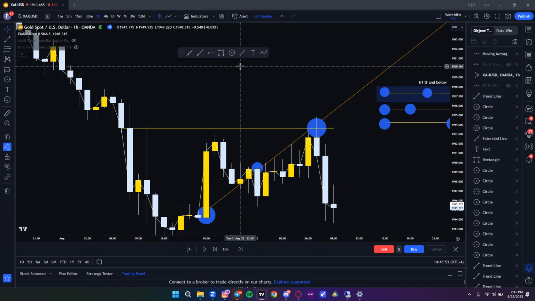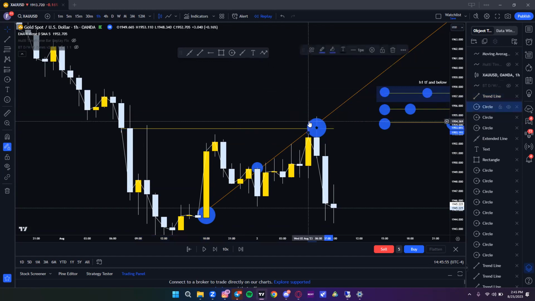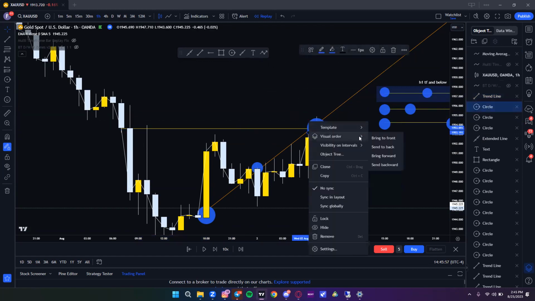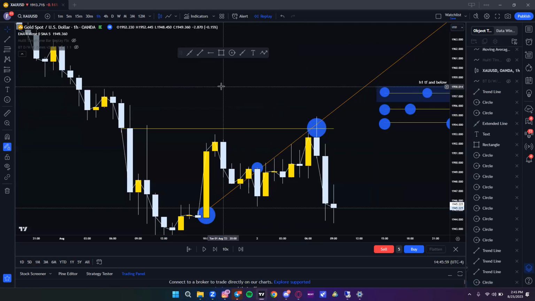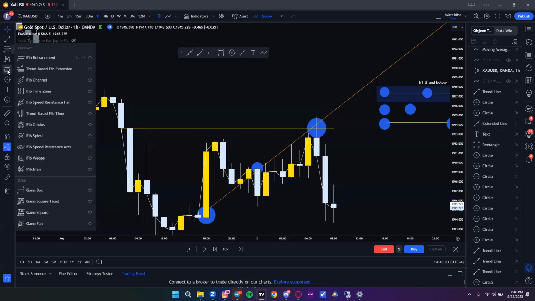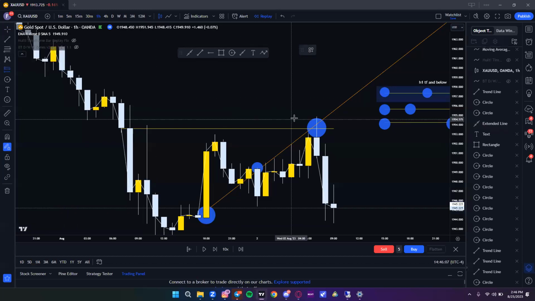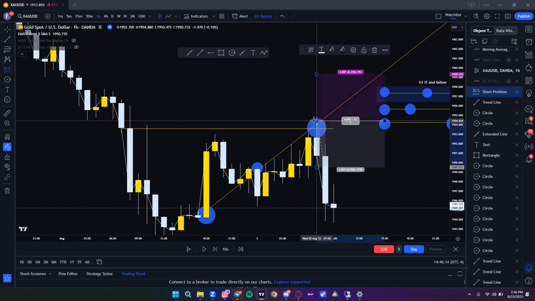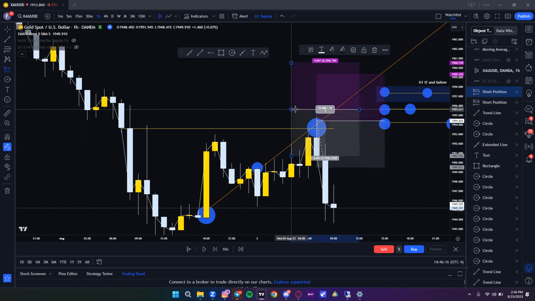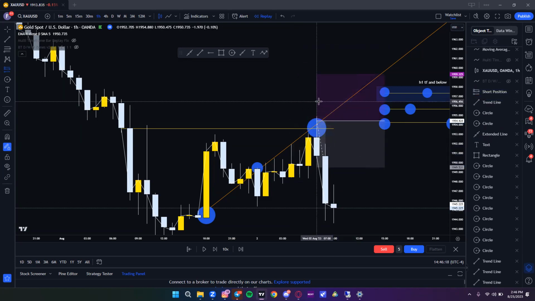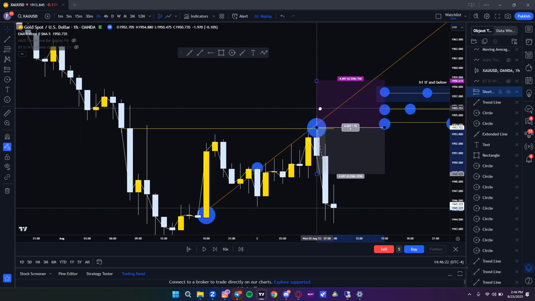But if you look very closely, if you actually enter from the trend line, you're getting a much sharper entry. You're entering right here as opposed to entering down here.